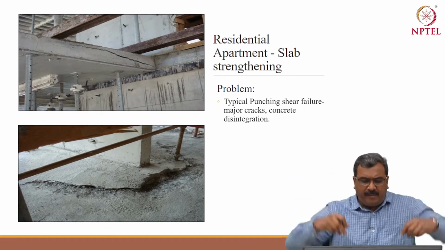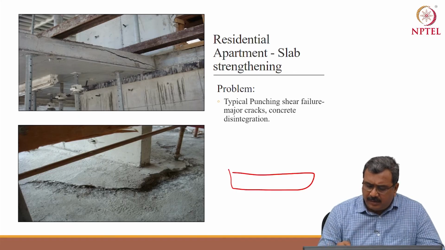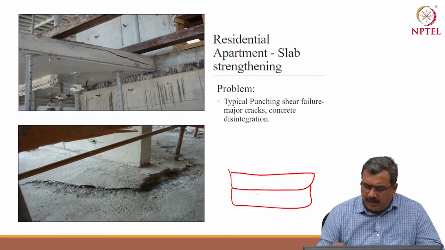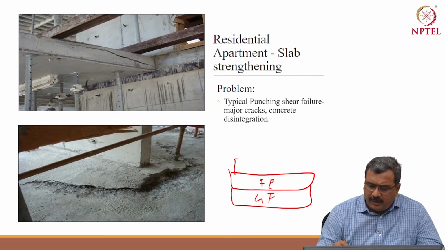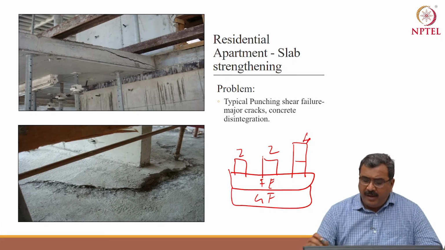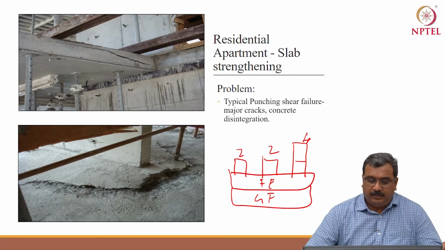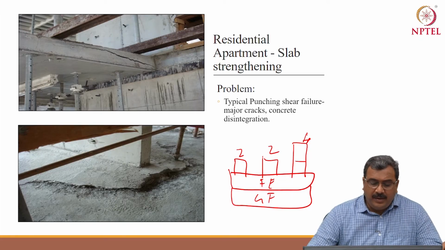There were 3 towers, ground floor, first floor, up to the 2nd floor and 4th floor. When they were constructing the 4th floor, there was a blast and these cracks developed.